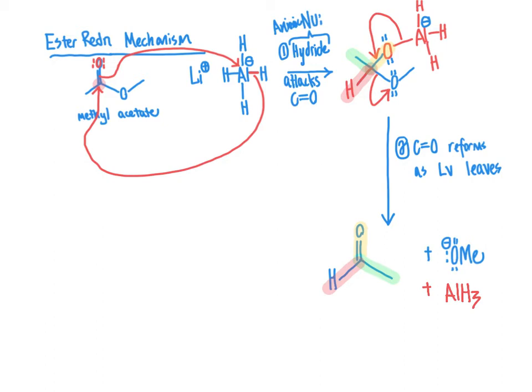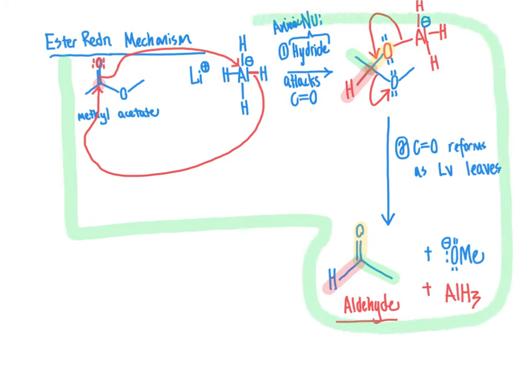So now we have created as our product an aldehyde, and we know the aldehyde can be reduced with lithium aluminum hydride. We've seen that before. So we can break this down into two different chapters, if you will.